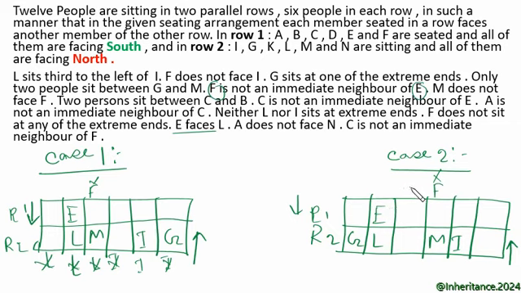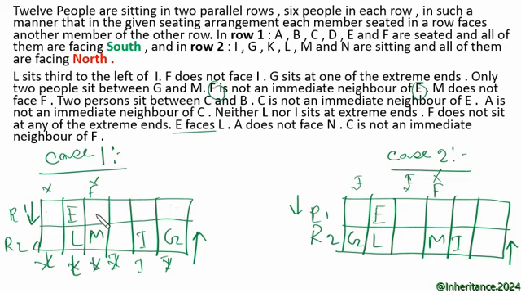So F is not here. All these positions, F is not an immediate neighbor of E. So in both the places F can't sit, and F can sit in these three places.